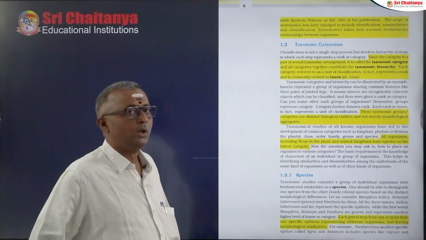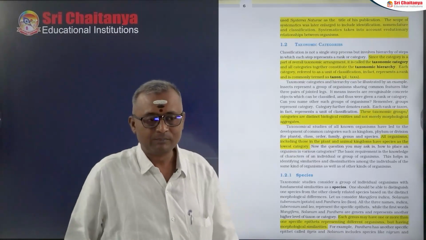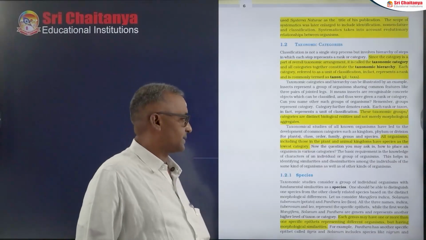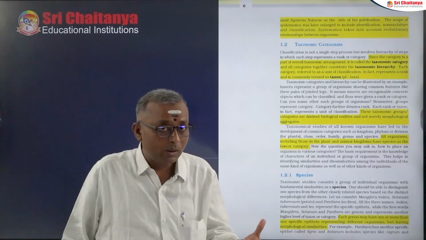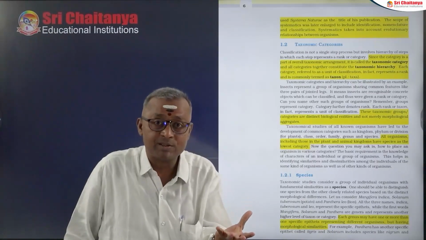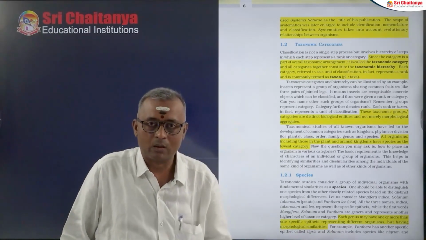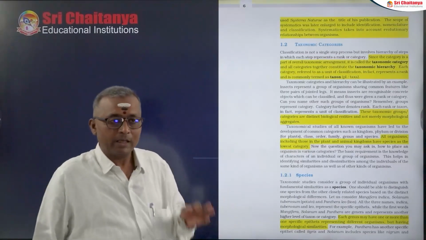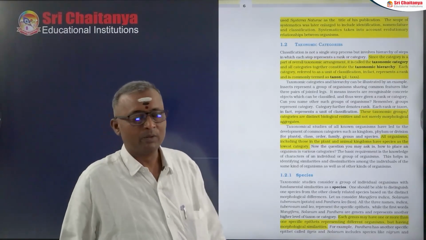Now let us go one by one. First let us see about the species. Species is nothing but, as I already told, the basic unit or fundamental unit of the total taxonomical hierarchy.